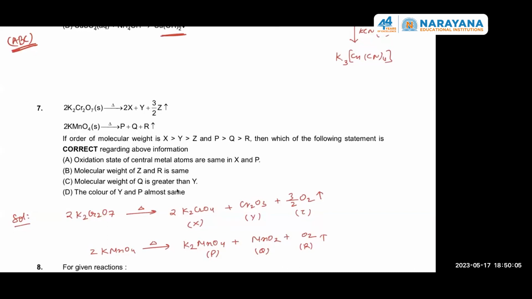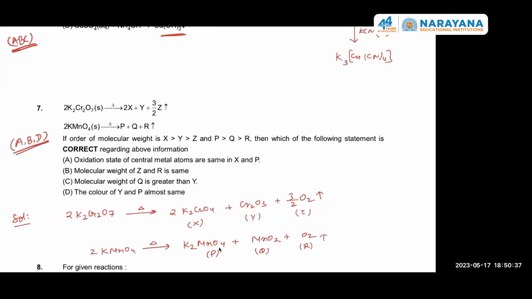The molecular weight of Q is greater than Y. See, between Q and Y, Q will have the greater molecular weight because it has one more oxygen and one more chromium. Okay, so C will be the wrong statement. The color of Y and P is almost the same. It is also green in color. So A, B, D will be the correct answer.